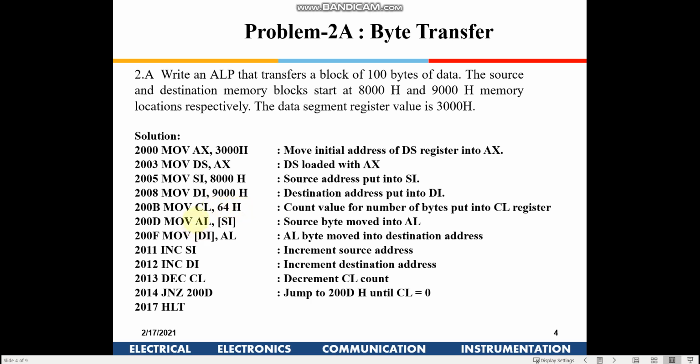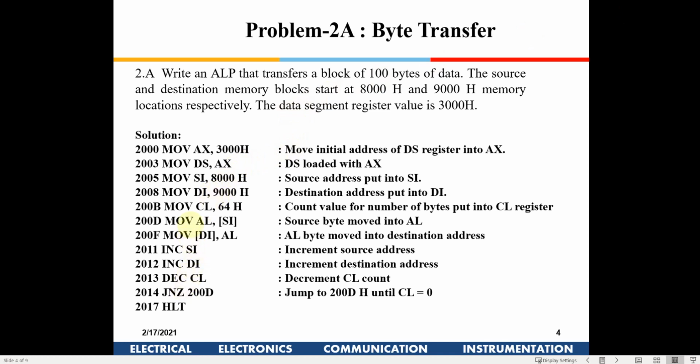Now we have moved the data available at the memory location in SI into AL, and then we have moved the data in AL into the memory location specified by DI. SI is 8000 initially, and DI is 9000.